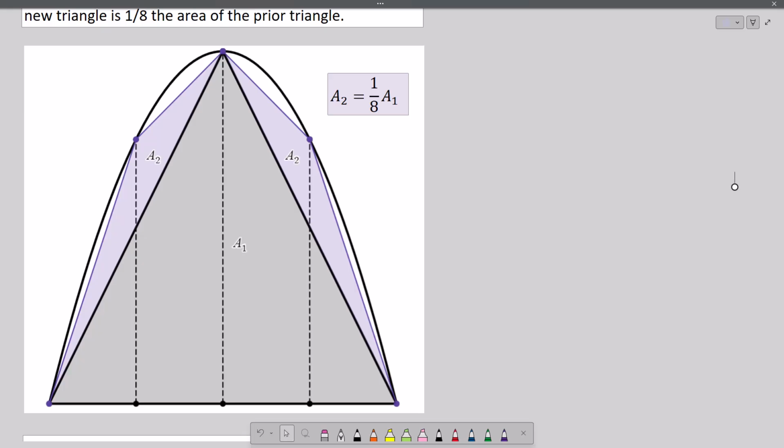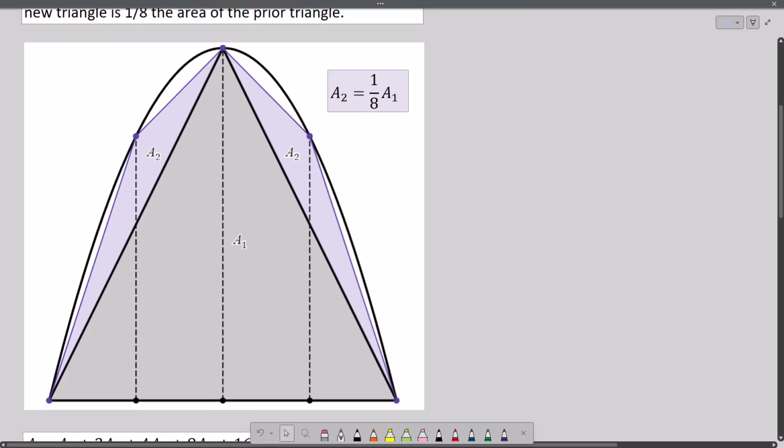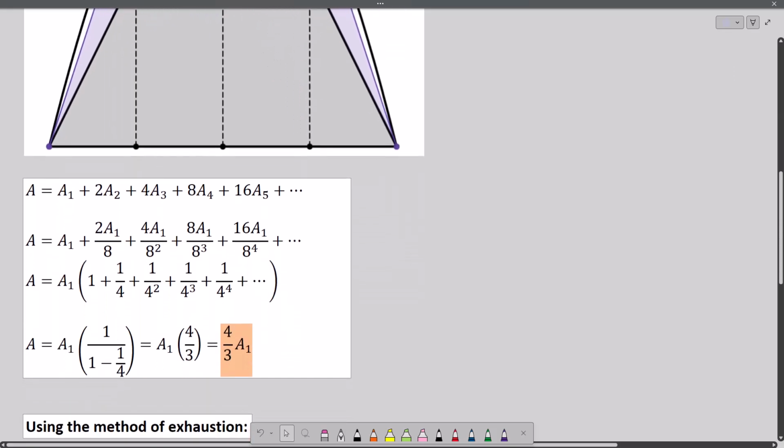The triangle a sub 2 is going to be 1/8 that big isosceles triangle in the middle. And that pattern is going to persist. A sub 3, it turns out, is going to be 1/8 of a sub 2. And that pattern persists. So you get this weird geometric series.